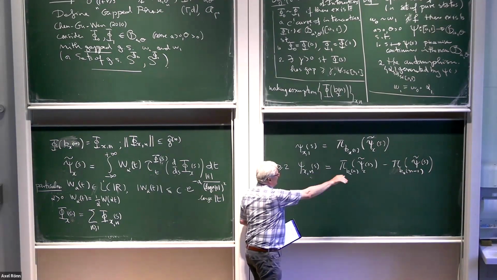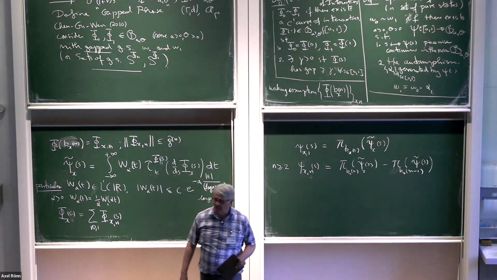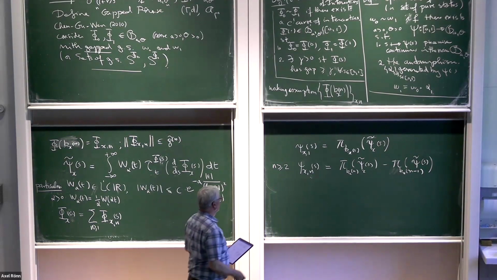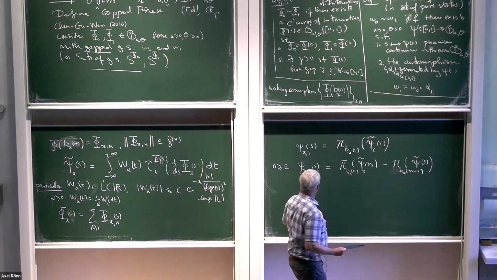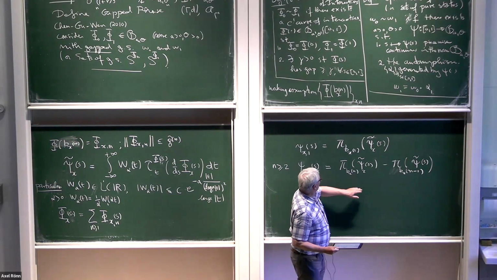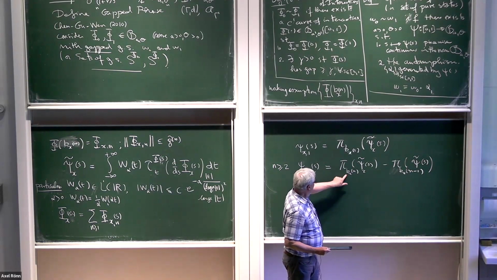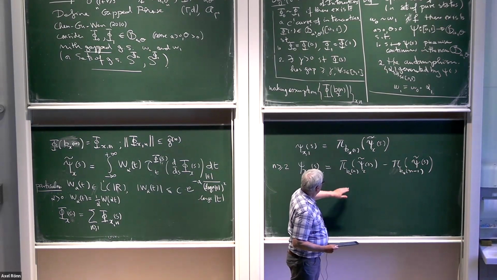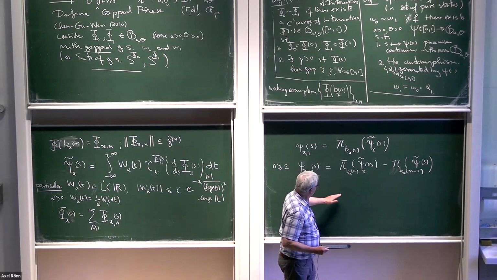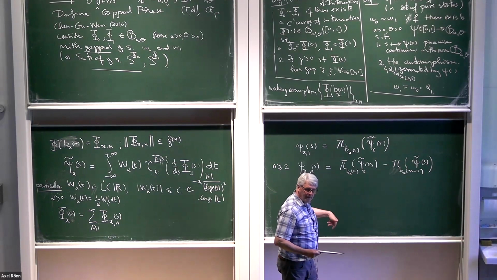If I sum all of these up, I have a telescopic sum. I add the second term to the first term, this cancels, and I have Bx2 of this, the conditioning on the complement of 2, and then the ball of radius 3, 4, 5, and so on.